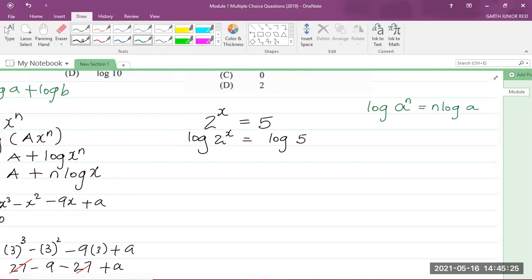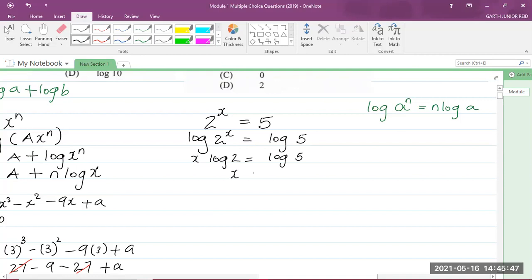So it means that what I can do now is to carry down this x here and put it in front of the log. So what I will have now is x log 2 being equal to the logarithm of 5. All right. So I have x log 2 on the left-hand side of the equation. I want x on this side.